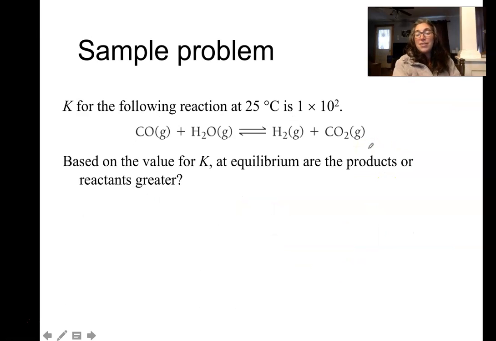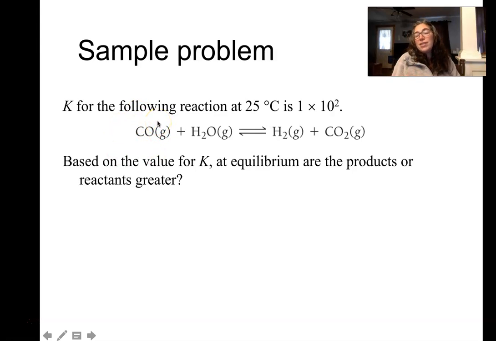And you could have a series of questions that are worded similarly to this, asking you, based on the K value for some reaction, which is going to predominate. This one says, will the products or the reactants be greater? But it might say which one will be greater in concentration, the carbon monoxide or the carbon dioxide. In that case, you should be able to say the carbon dioxide because we know the products are greater, and carbon dioxide is a product, carbon monoxide is a reactant.